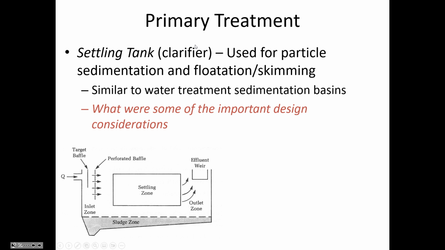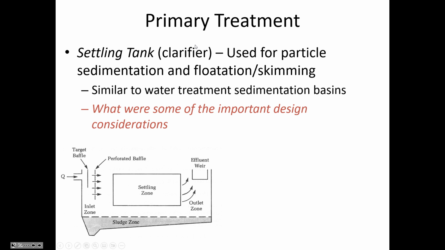That a particle settles without any further collisions as it's traveling downward and contacting the bottom of the clarifier. The difference between that, which we were talking about in water treatment, and wastewater treatment is that in wastewater treatment it's more common for the concentration of solids to be much higher. And so we're not going to have that type 1 settling. We'll have type 2 settling, which is flocculant settling.